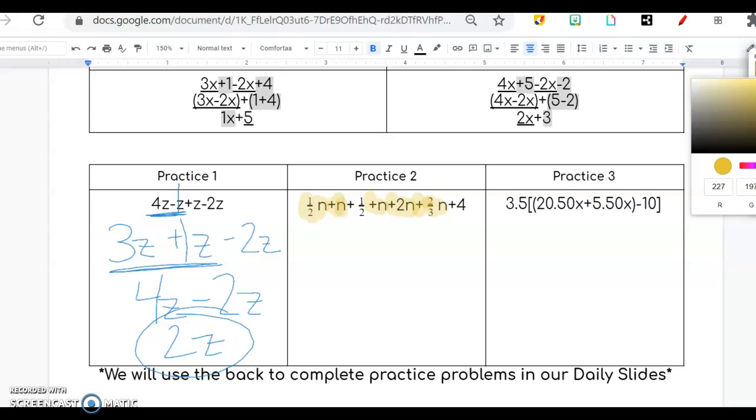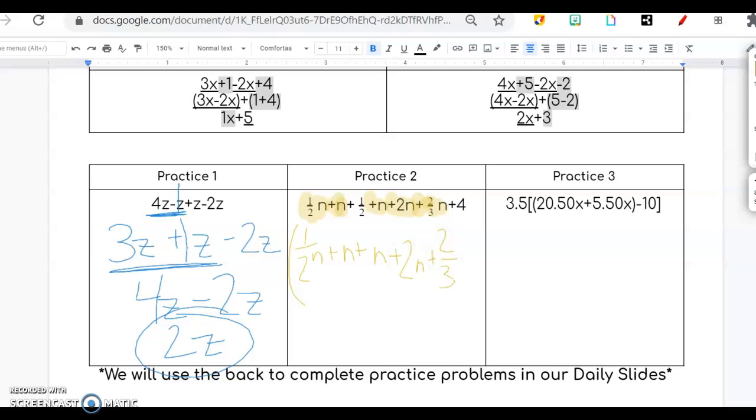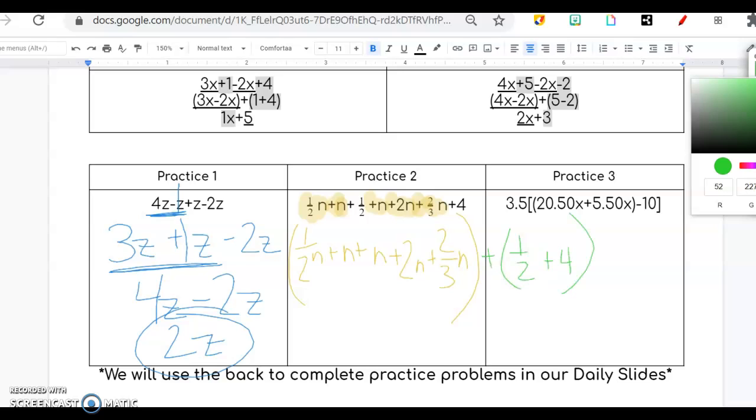I'm going to rewrite my expression with the variables first, constants after, and I'm going to group them. So I have 1/2 n plus n plus n plus 2n plus 2/3 n grouped. And then I have plus 1/2 plus 4. Okay?